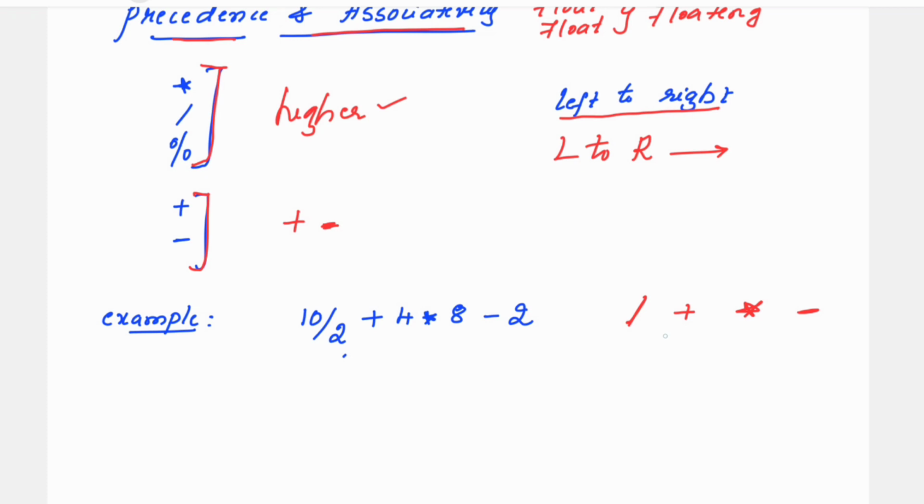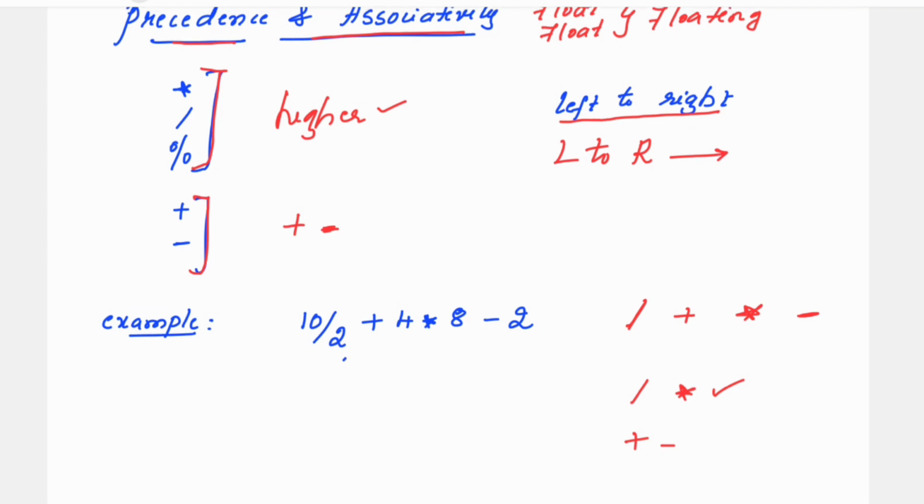If you look at the higher precedence operators out of these 4, they are division and multiplication, and the next comes addition and subtraction. So you are going to first carry out these operations, division and multiplication. Now if both are there, which one to begin with, whether to start with multiplication or division, at that time you have to look into the associativity.